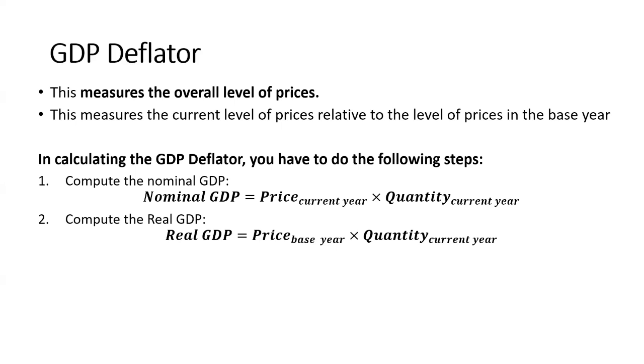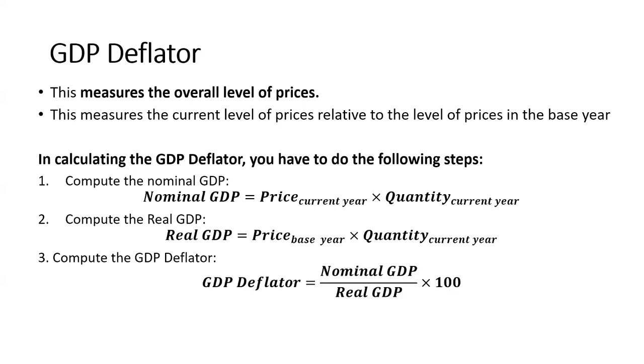Now, after you compute the nominal GDP and the real GDP, you can now compute the GDP deflator. You simply divide the nominal GDP by the real GDP and multiply it by 100. After that, you compute the inflation rate. This is actually number 4 instead of number 5.